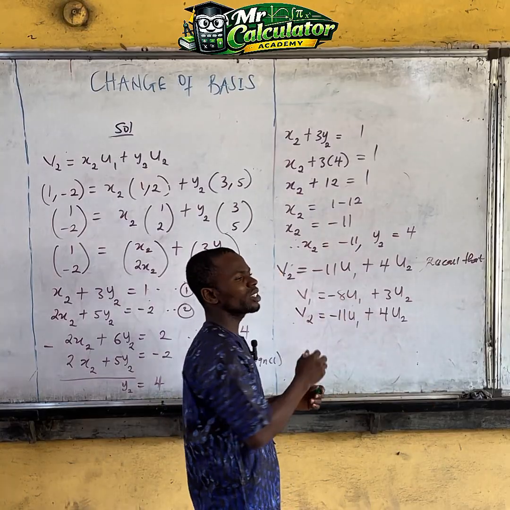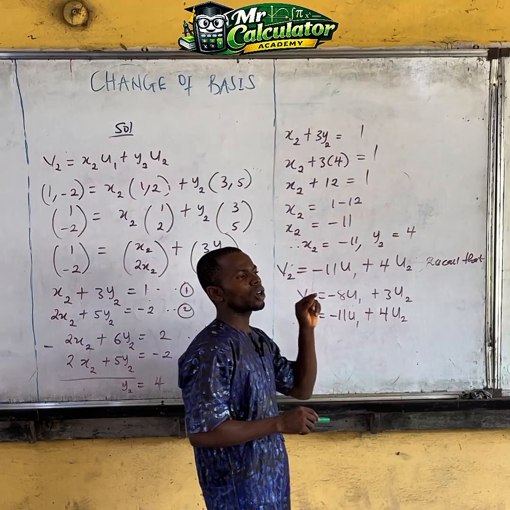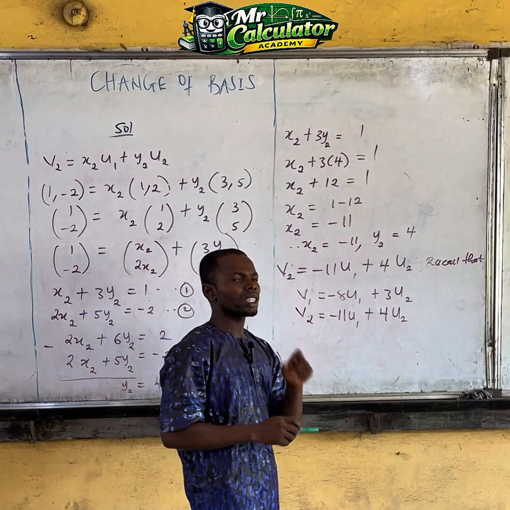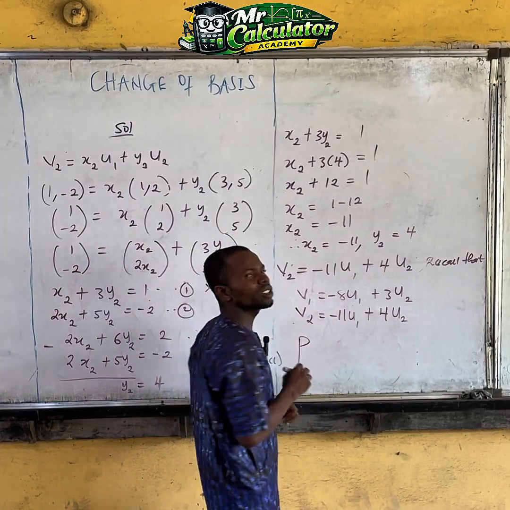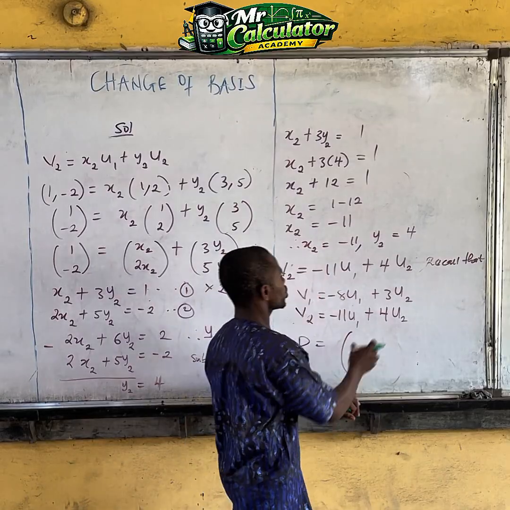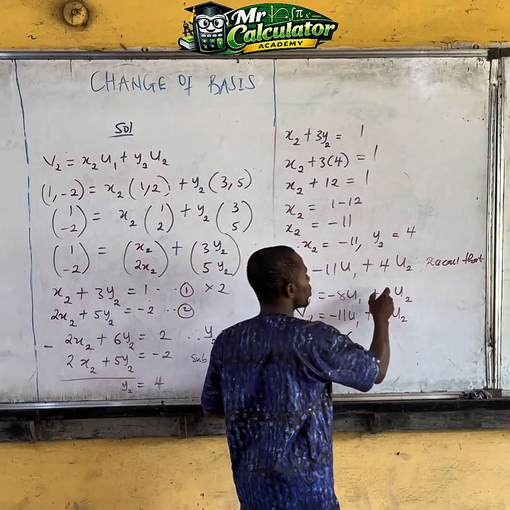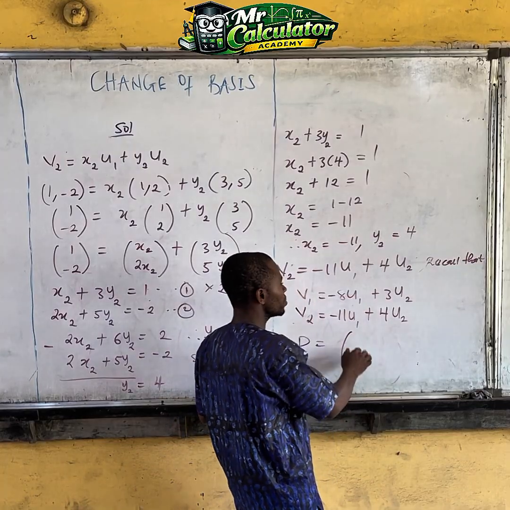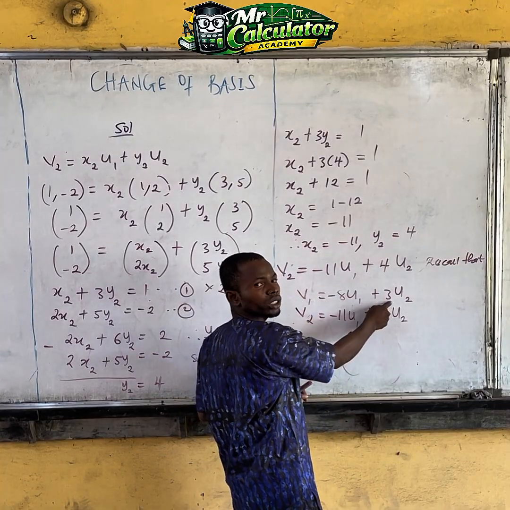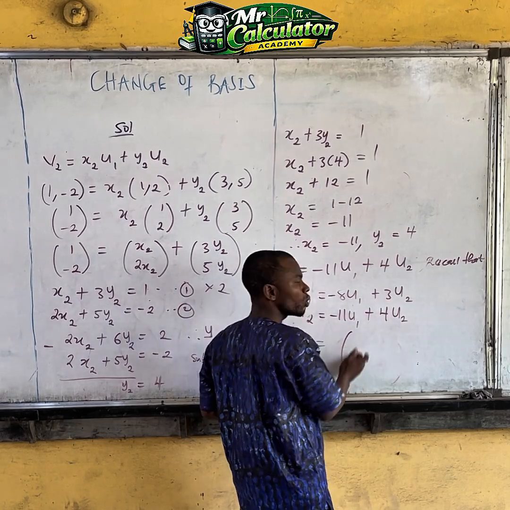My final answer, the question says, write the change of basis matrix P. That P is the change of basis matrix, and it is the transpose of whatever we have gotten here. Transpose means write all the rows as columns.